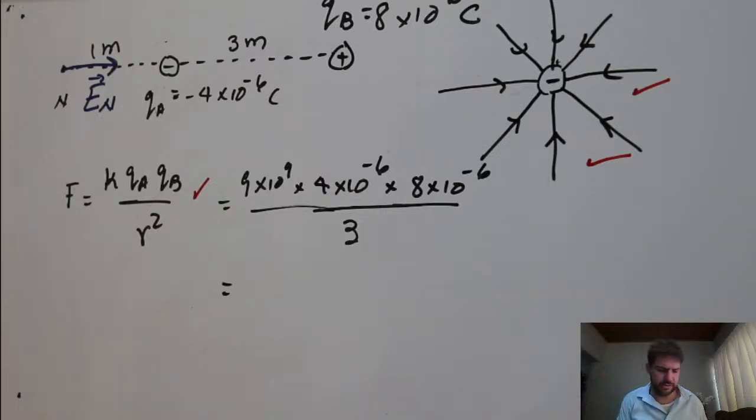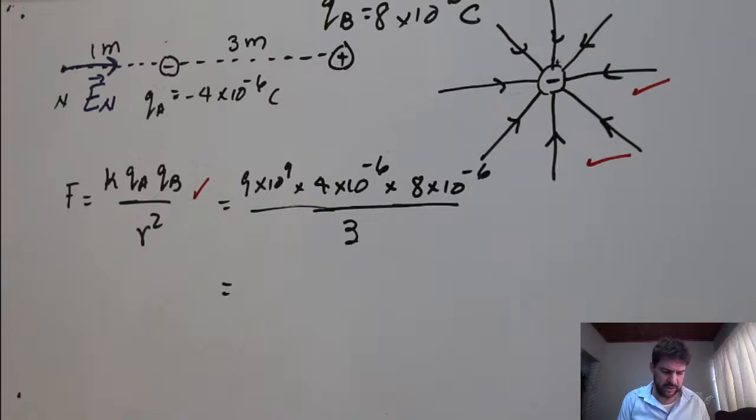We get here with my calculator 9 times 10 to the 9 times 4 times 10 to the -6. No, I made a mistake here. Times 8 times 10 to the -6 divided by 3 squared.